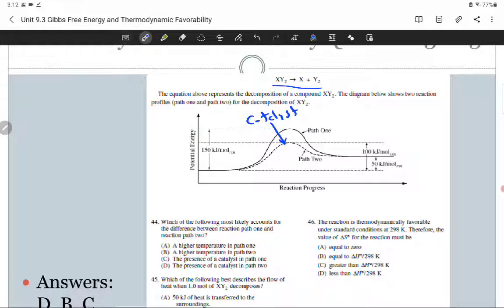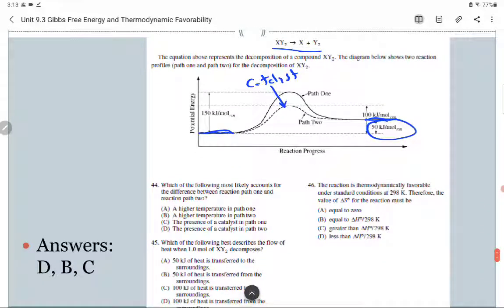And the catalyst was actually going to be why that path 2 is lower. What else we got going on here? Plateau starts here and ends there. The difference of those two plateaus is 50 kilojoules per mole. So I have a feeling that we're probably going to need some of that to answer some of these questions.